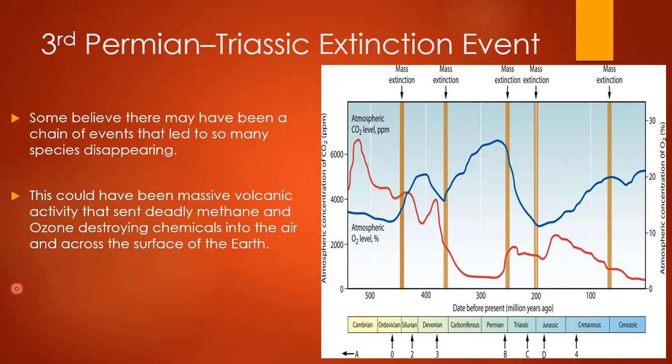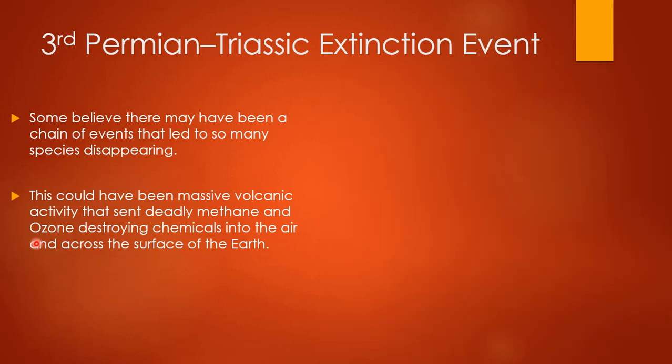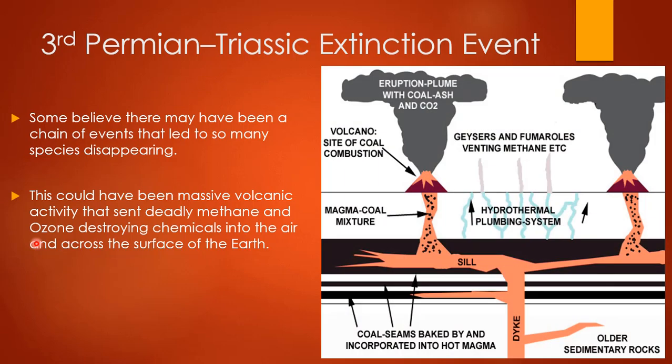So this is the key thing here, they think, is that these chemicals destroyed the ozone. So how would that happen? Well, there were massive volcanic eruptions in the north, and they were caused by lava coming through coal beds, and this lava-coal bed mixture sent out plumes of coal ash and CO2, and there was a lot of venting of methane and other gases at this time.